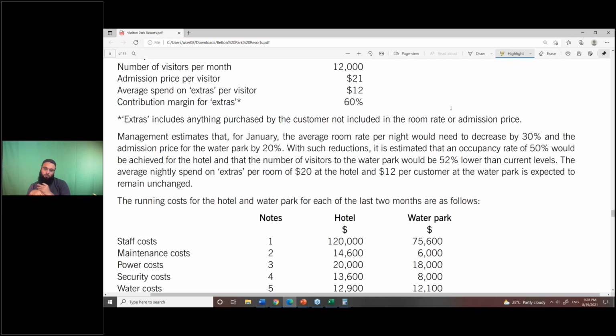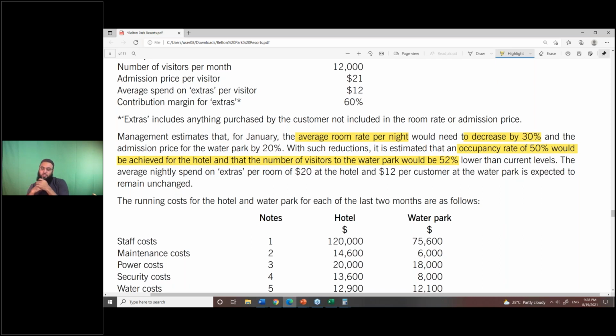Management estimates that for January, the average room rate per night would need to be decreased by 50%, and the admission price for water park by 20%. With such reduction, it is estimated that an occupancy rate of 50% would be achieved for the hotel, and the number of visitors to the water park will be 52% lower than the current level.